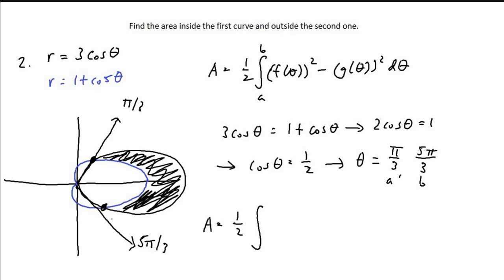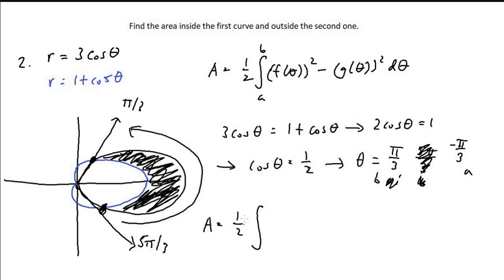So instead of putting 5 pi over 3, we can rewrite it as negative pi over 3, and switch that so that negative pi over 3 is our A value. We're going to start from negative pi over 3 and go to pi over 3, our B value. If we do that, we start from here and go all the way to positive pi over 3, and that will account for this shaded area here.